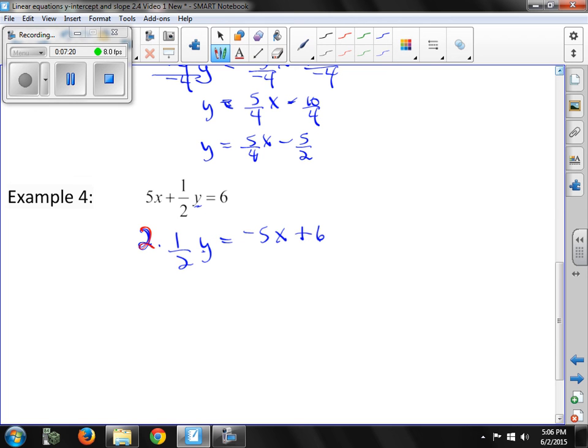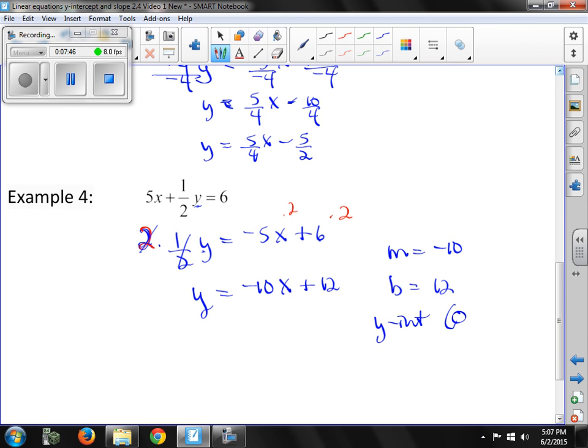Multiply that term by 2, that by 2, and that by 2. Now 2 times the 1/2 is 1y. The 2 times the -5/2 is -5x, and 2 times 6 is 12. My slope is -5. My b is 12. And the y-intercept as an ordered pair is (0, 12).